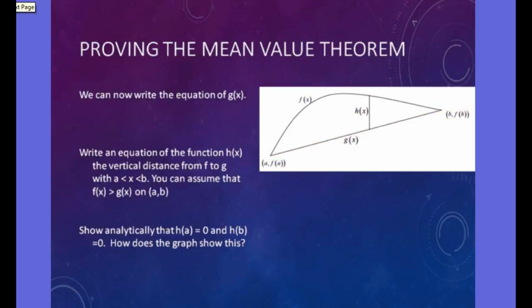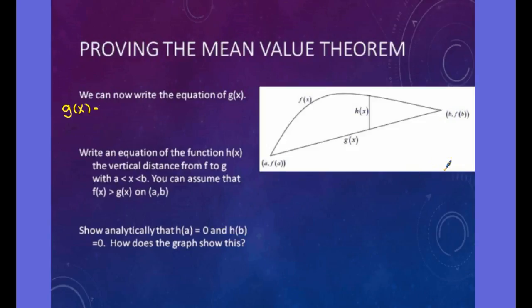The next thing that we want to talk about is writing that equation for g of x. So it's fair to say that g of x minus, remember you subtract a point on your line. So you could use a, f of a, or you could use b, f of b.